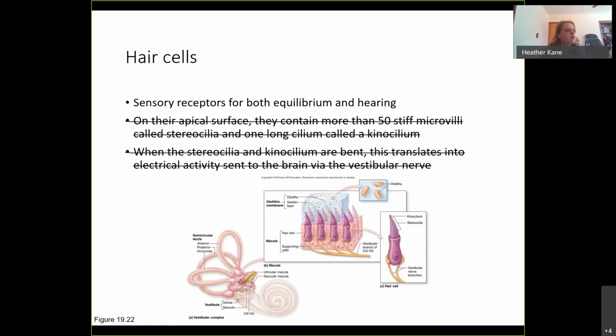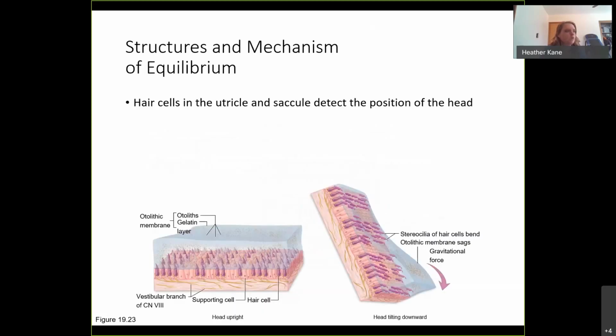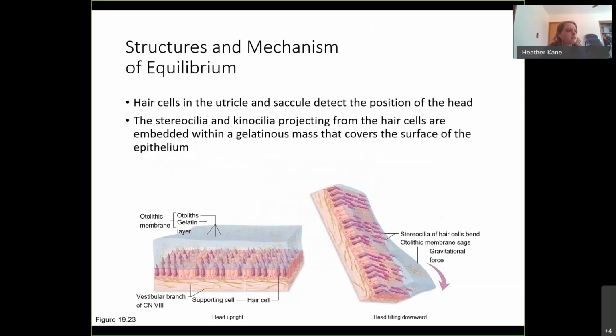But just know that these hair cells are located within the semicircular canals, and those hair cells are what tell what is going to be affected by balance. And how they work is they work with these otoliths.